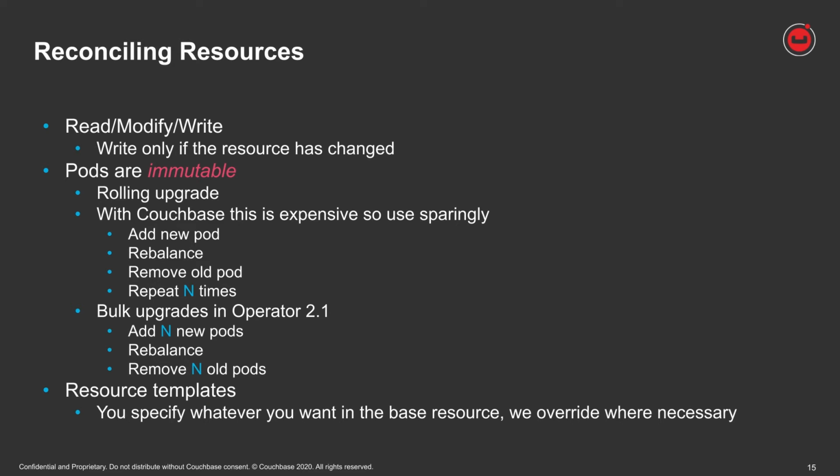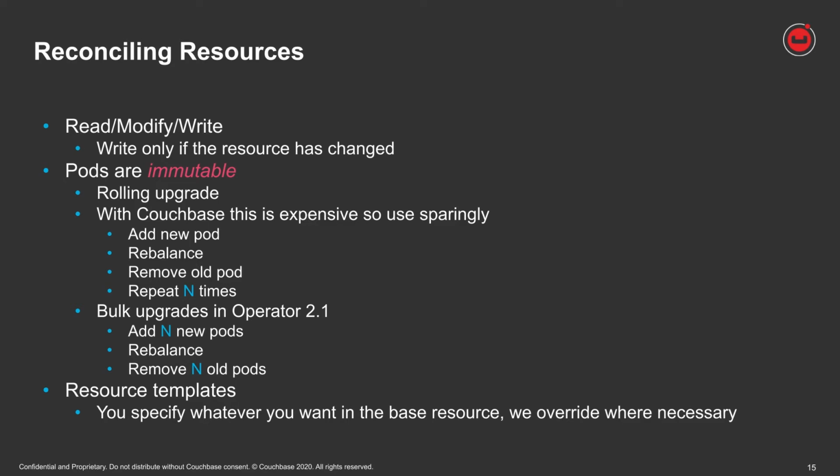Then we add a new pod that fulfills the requirements from the specification, and then we do a rebalance of our data, at which point we can delete the old pod. Then we've got a cluster with, for example, 2 pods in the old state and 1 in the new state. Next time round, we do the same thing again. We've got 2 pods in the new state and 1 pod in the old state. And the final time around, we've got 3 pods in the correct state, and the upgrade has completed.